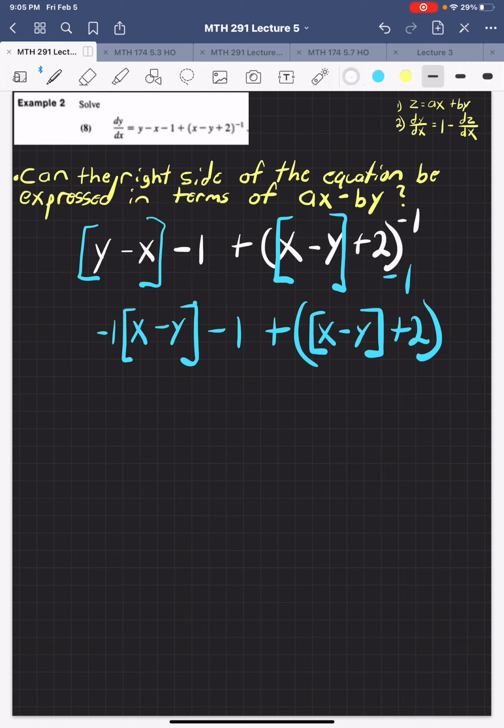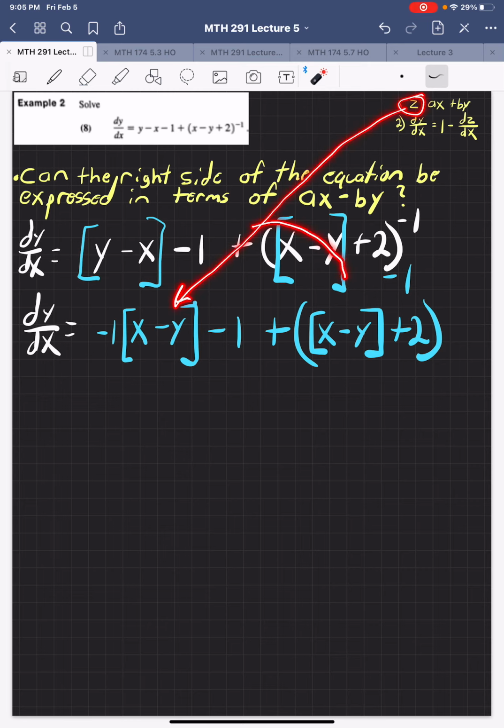Are you ready? So remember, that was equal to dy dx. This is equal to dy dx. So what's going to happen right now is anywhere I have an x minus y, I'm going to insert a z. And then I'm going to take the left side of that equation and insert 1 minus dz dx.